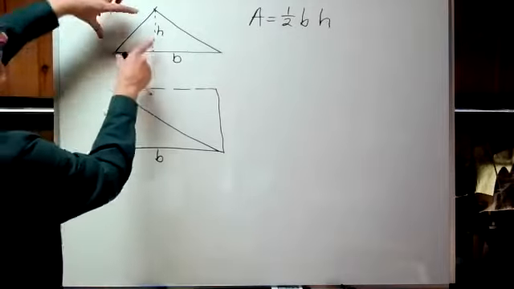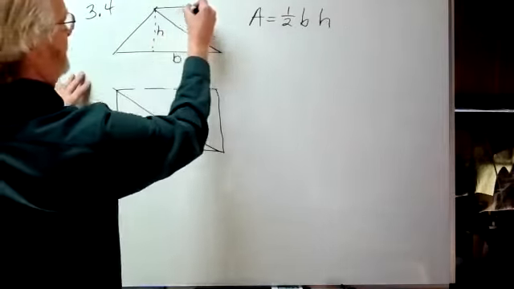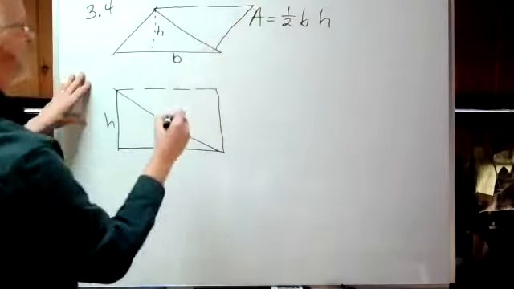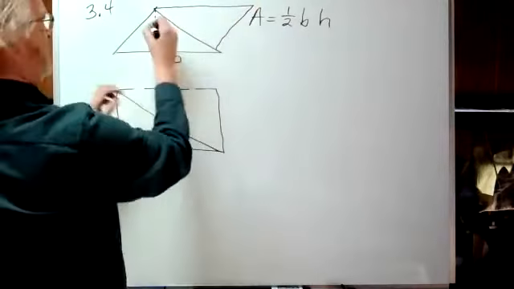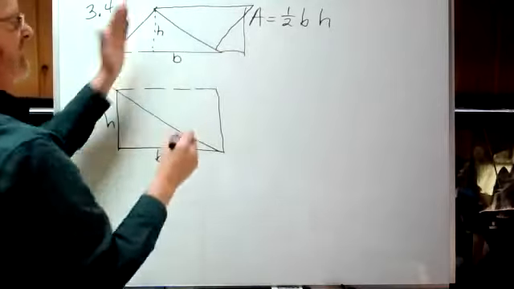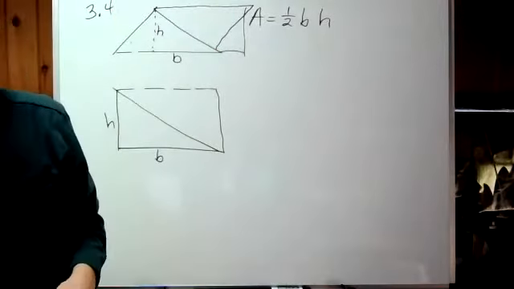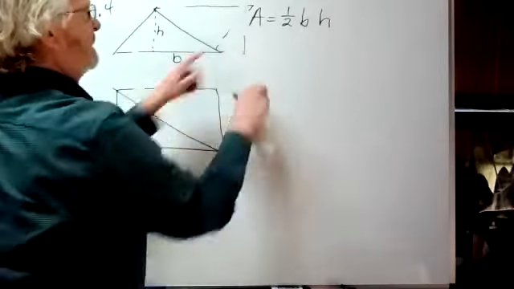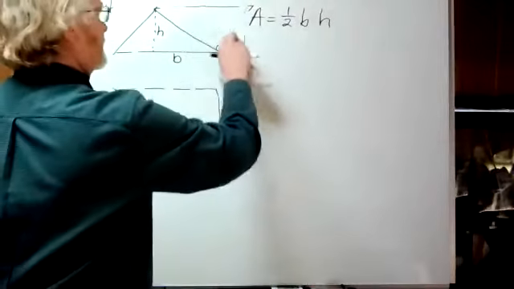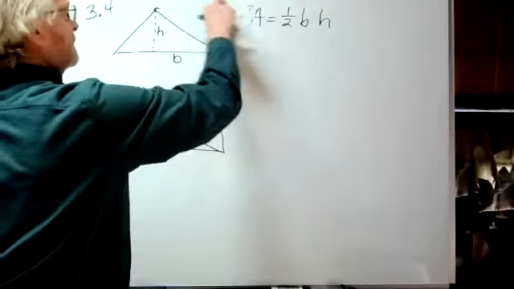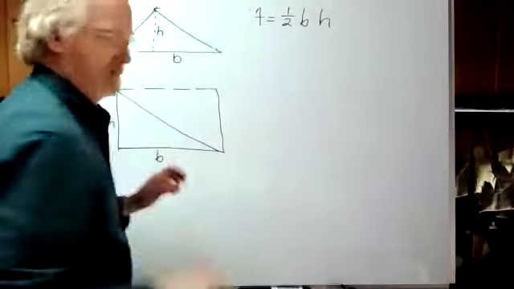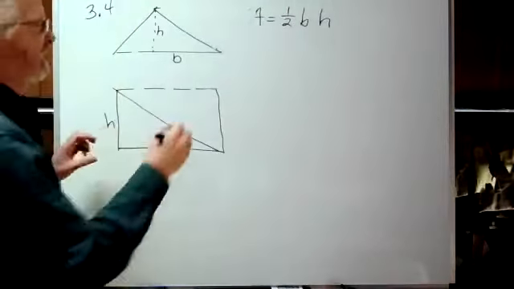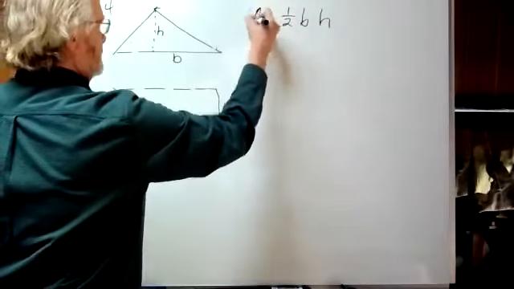And you can even see if I doubled this, I'd really get a parallelogram, but I took that little piece and stuck it over here, and it just makes a rectangle. So triangles you can always cut up and turn into half a rectangle. That's where that formula comes from. Half the length times width. All right. It's the kind of thing, you know, math teachers get excited about, right?